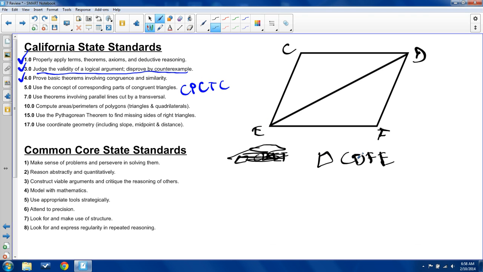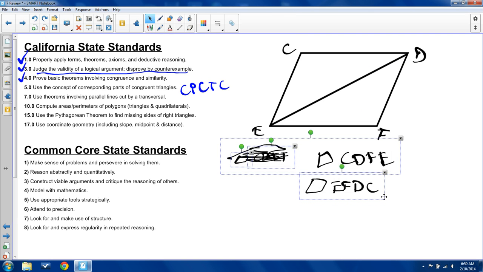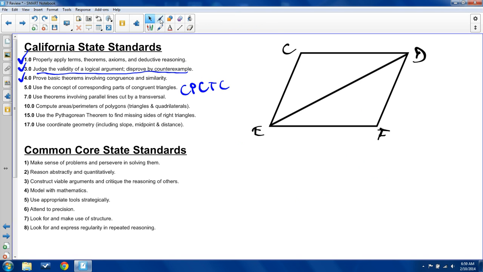So make sure that that makes sense. And this isn't the only way I could have named this. I could have named it E, F, D, C, whatever, as long as I'm drawing along this way in consecutive order. So I can't say E, F, C, D. Okay. So think about that when you are taking the exam.